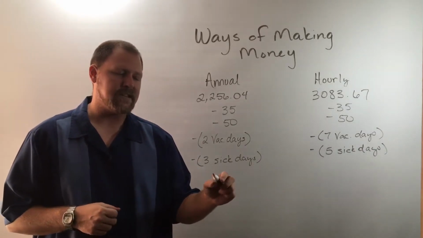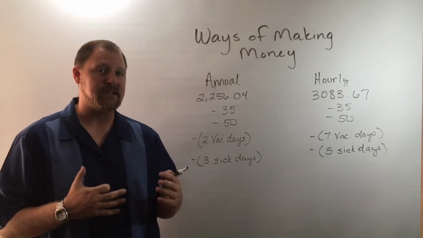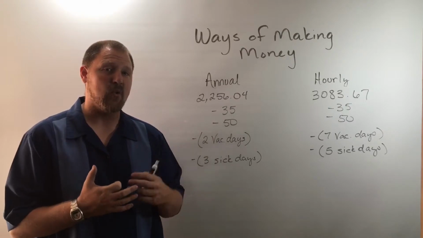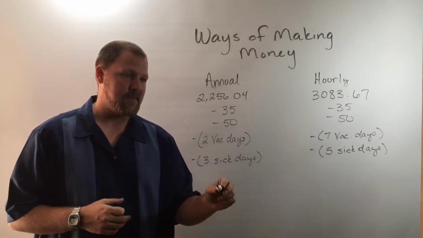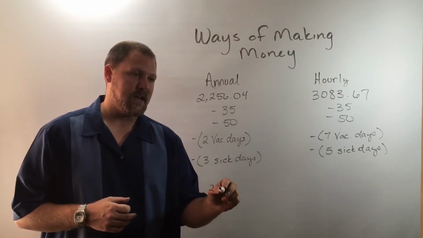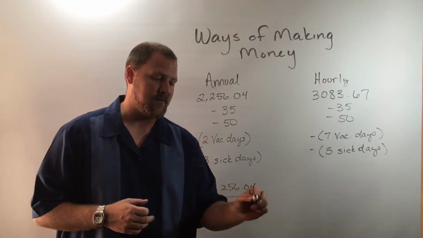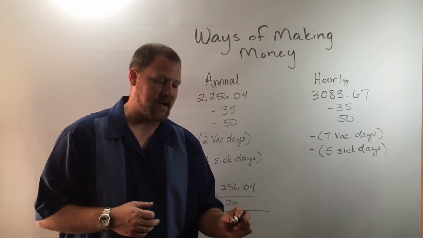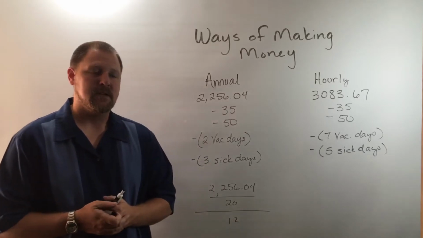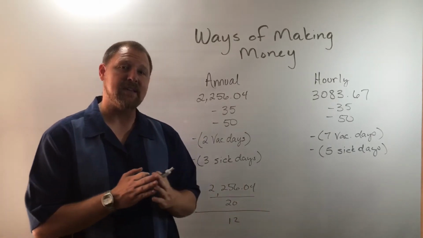If we say that there are 4 weeks in a month and we work 5 days each week, then we have 20 days a month that we get paid for. So that means we take $2,256.04 divided by 20, and then we have to again divide by 12, because we have to take our daily rate and then divide it throughout the year.